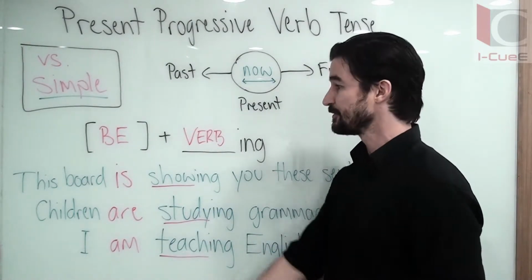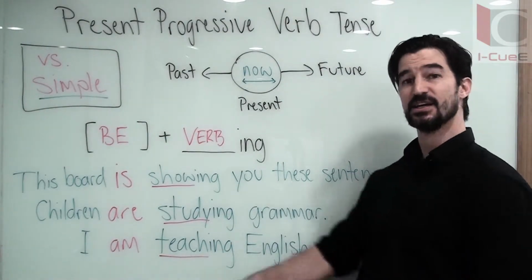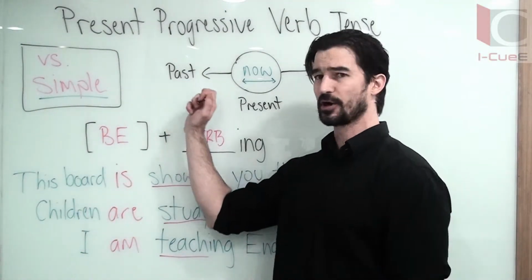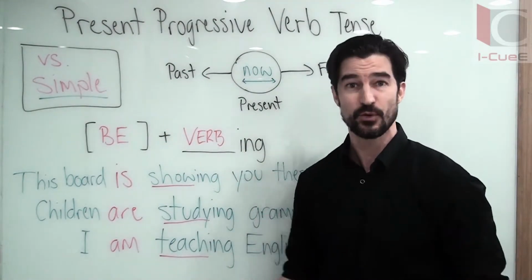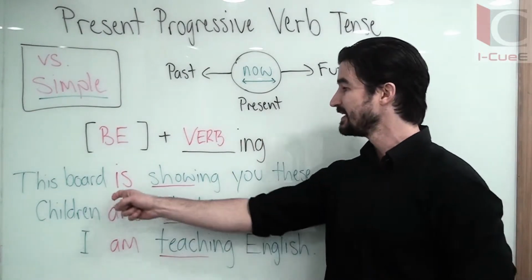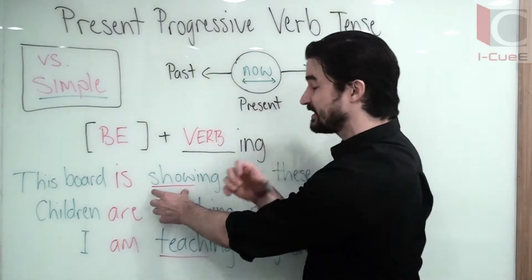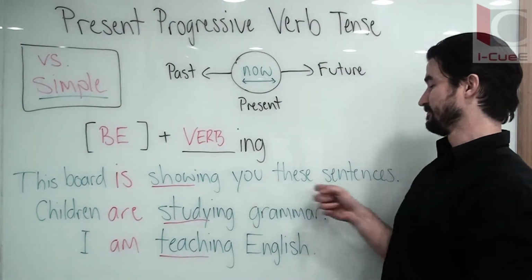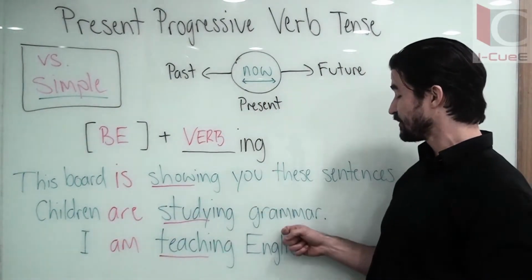Let's look at some examples. This board is showing you these sentences. So our subject, this board, this flat surface, it's actually doing something. It is showing. The board is the be verb, show is the action, ing, these sentences. Children are studying grammar.